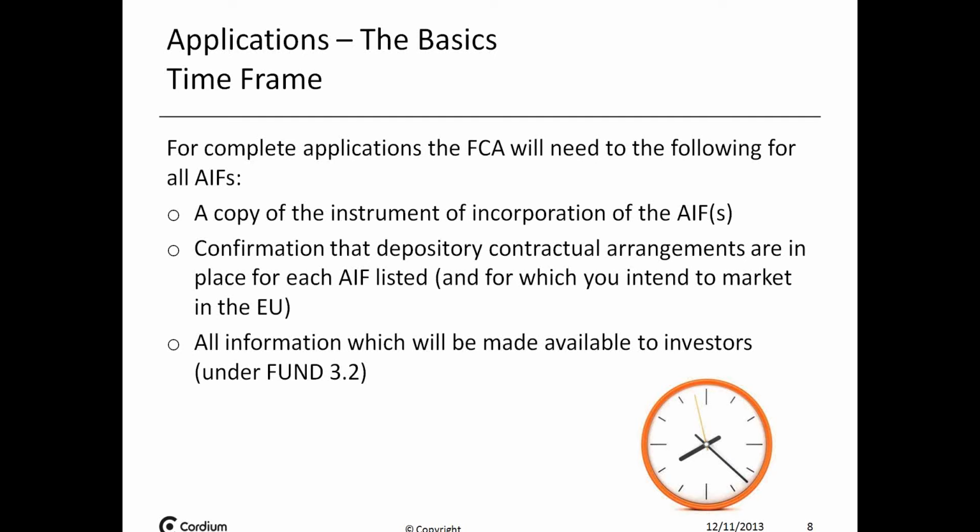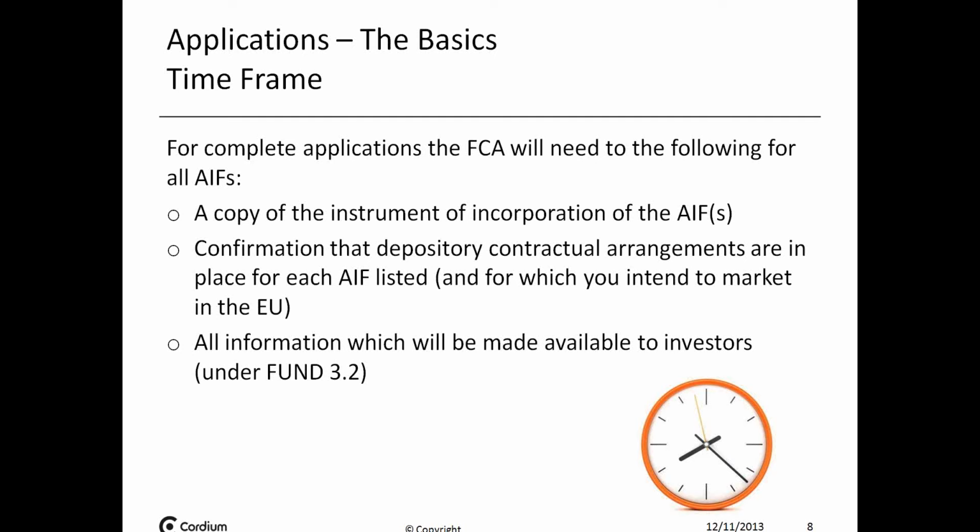But the regulators have determined to talk to each other around that time to ensure that the FCA can notify the Irish regulator that the AIFM is authorised, so that the Irish regulator can authorise the AIF, and in turn the FCA can therefore authorise the AIFM.